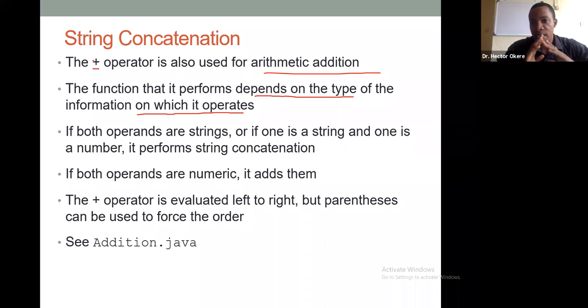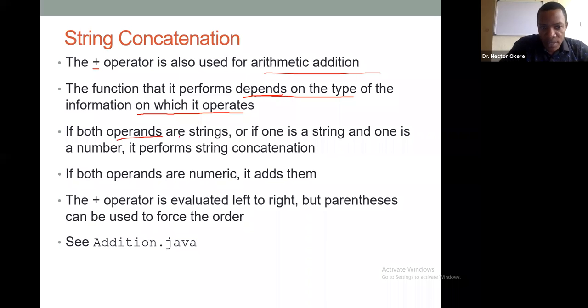If the operand is an integer or a number, then it does arithmetic addition, that is calculation. What it will do depends on the type of information on which it operates, okay?